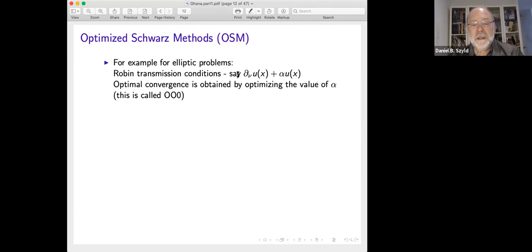So let's have conditions such as Robin boundary conditions, which is normal derivative plus some parameter alpha times Dirichlet. And then pick the alpha that gives you the smaller spectral radius, for example. And this is called optimized Schwarz.